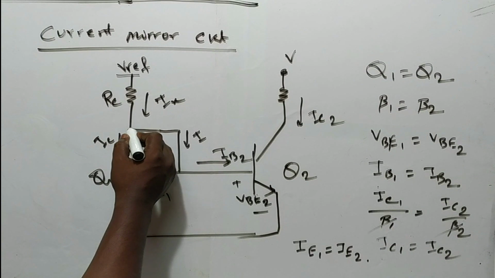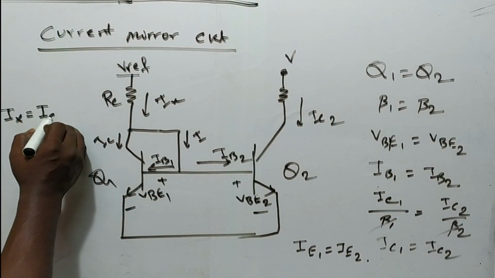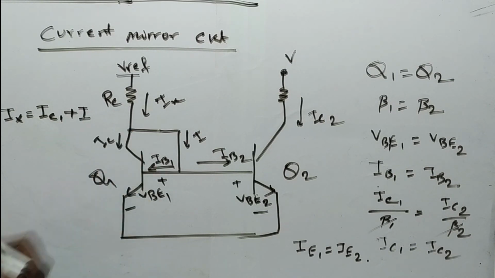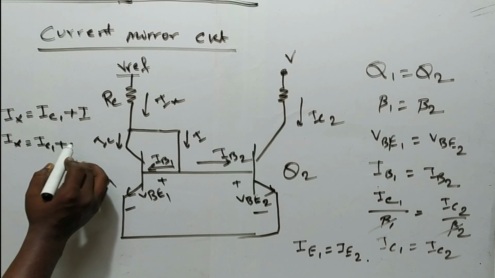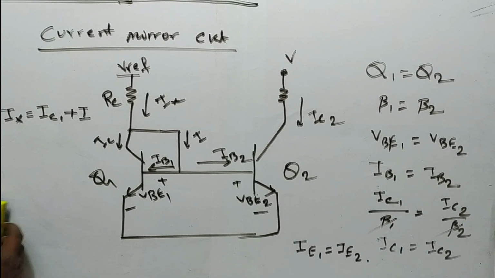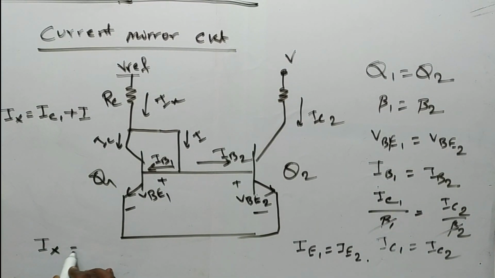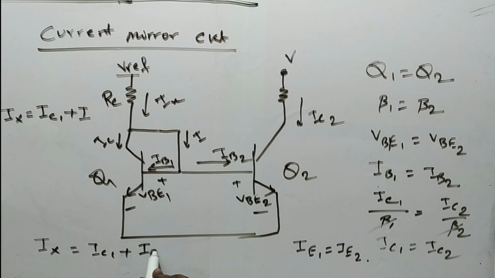Here, if I apply KCL, we write that Ix is equal to IC1 plus IB1 plus IB2, and we see that IB1 is equal to IB2.